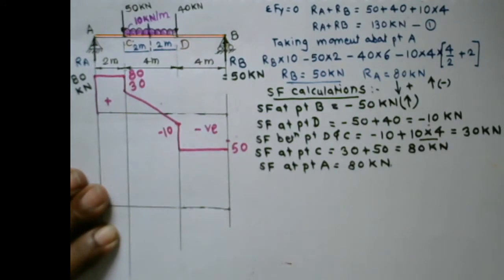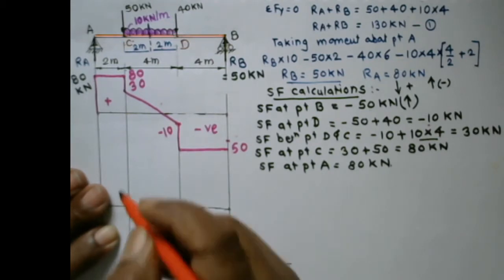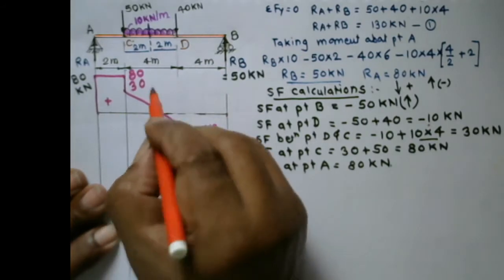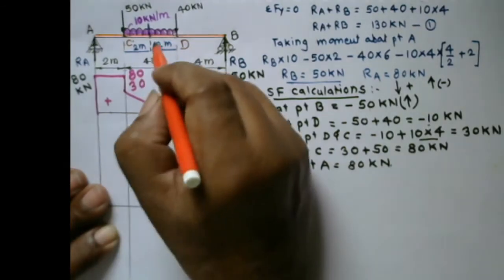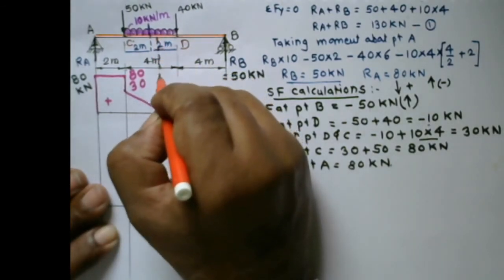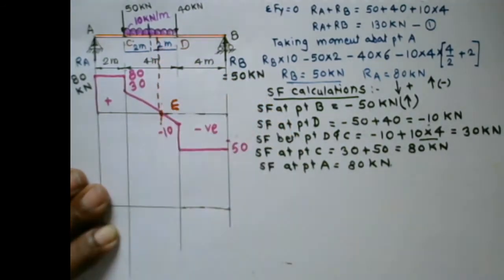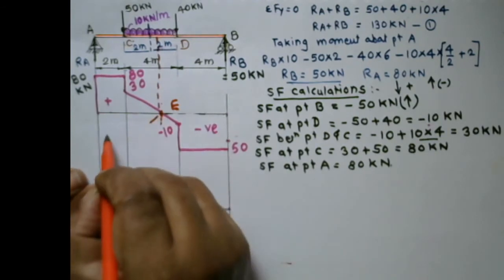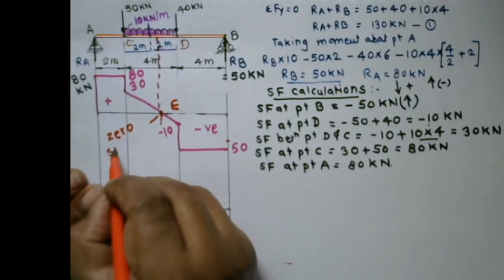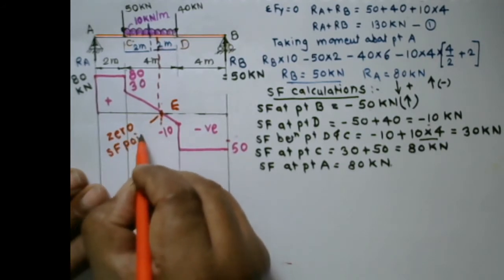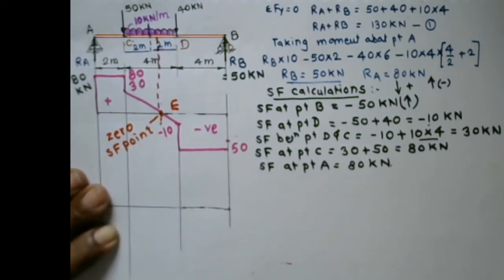But in that case the shear force diagram crosses the baseline. With points A, B, C, D, this crossing point I will call E. This point is called the zero shear force point, which indicates the maximum bending moment in the bending moment diagram.